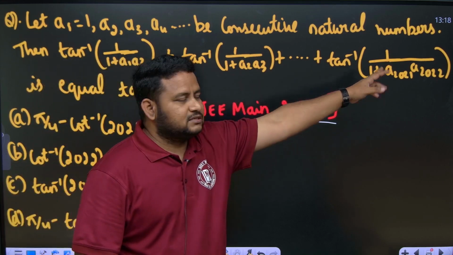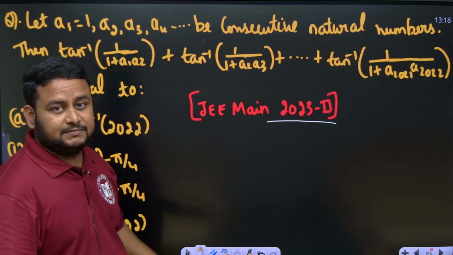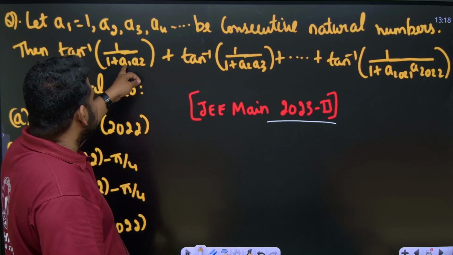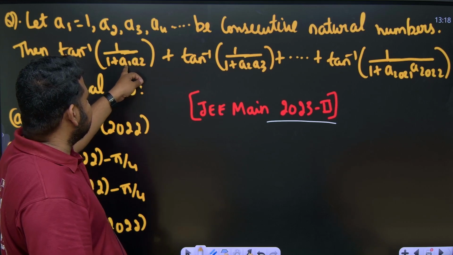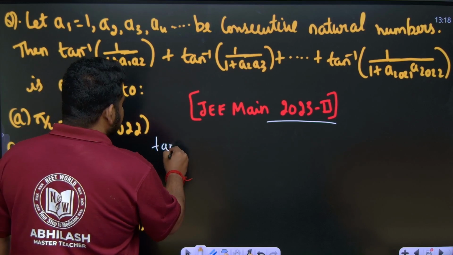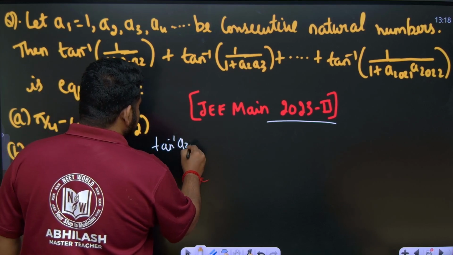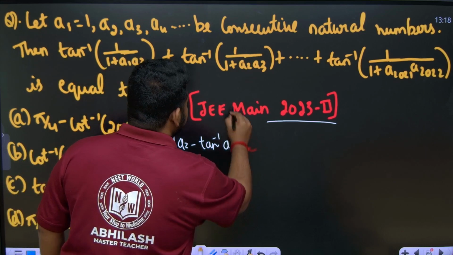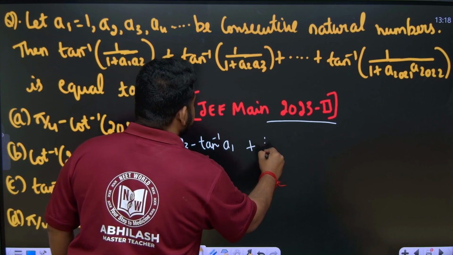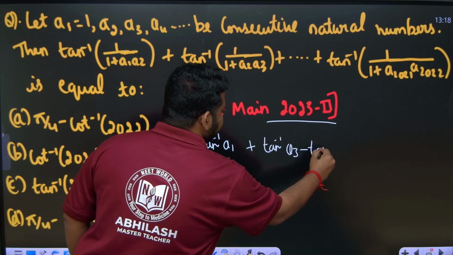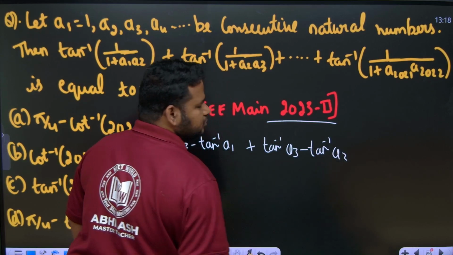So similarly this question, similar to the previous question. What I can do, tan inverse of 1 by a1 plus tan inverse of 1 by a1 a2, I can write it as tan inverse of a2 minus tan inverse of a1. This one I can write as tan inverse of a3 minus tan inverse of a2, similar to the previous question.